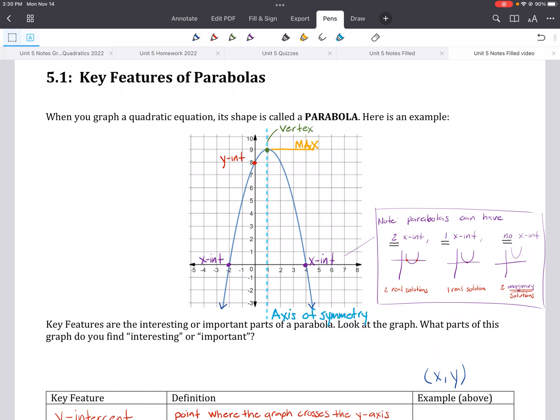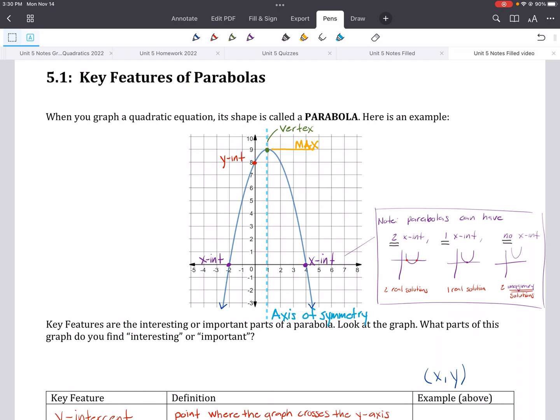Okay, so key features. First off, we talk about what this equation looks like. When you graph a quadratic, it makes this shape called a parabola. It can look like that, it can be more stretchy or wide, or it could be flipped upside down.